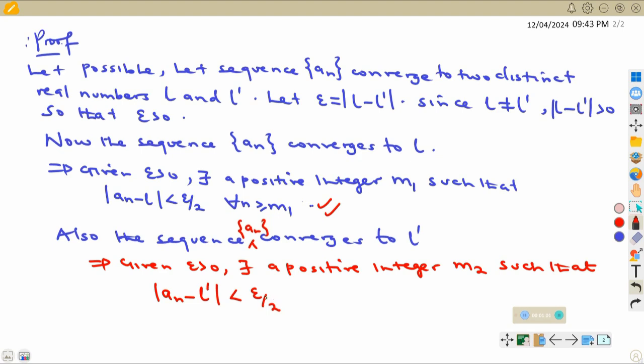This will be less than epsilon over 2, and this happens for all n greater or equal to m2. So that is what we get by definition.